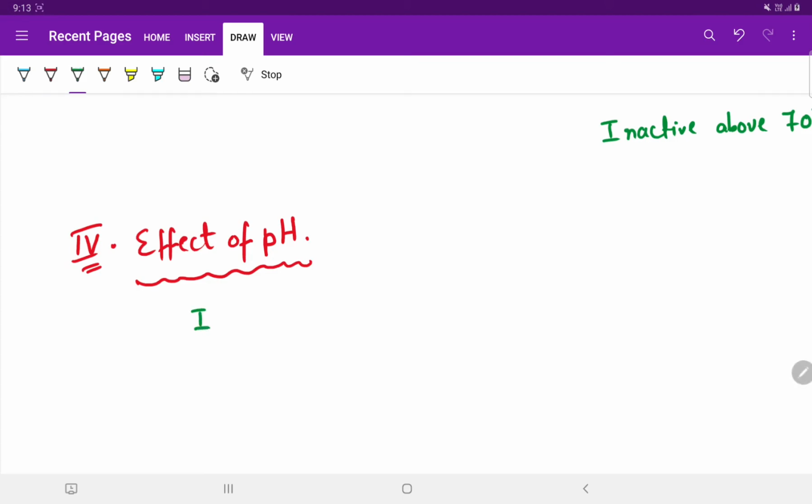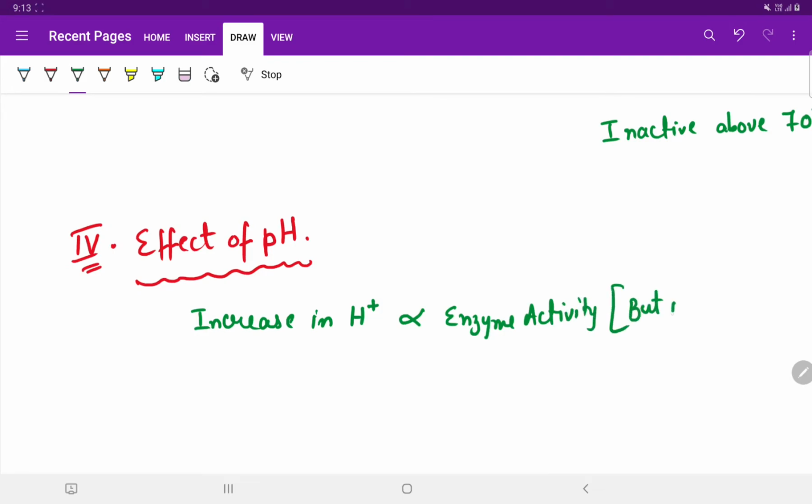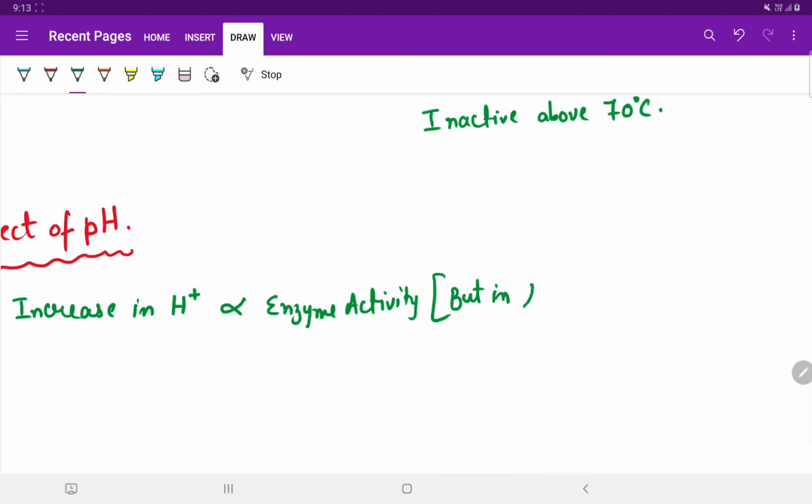We can simply see that an increase in the hydrogen ion or proton increases the enzyme activity, or it is proportional to the enzyme activity, but in a limited range only.